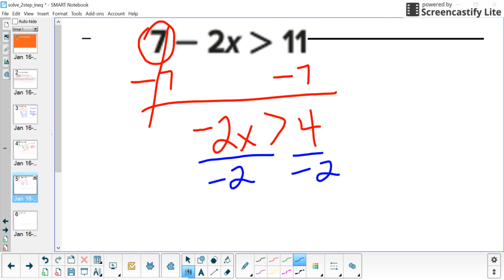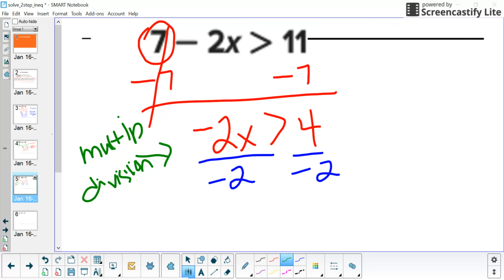Because the operation being done here is multiplication. The opposite would be division. So instead of multiplying x by negative 2, we're going to divide both sides by negative 2. And when you do that, the negative 2's cancel out, and you are left with x.